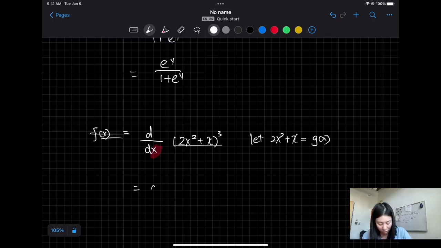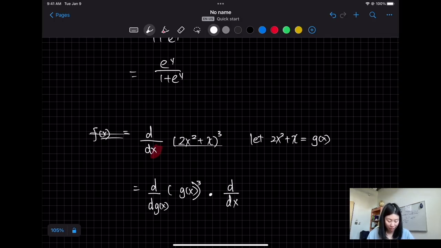So this is equal to g of x to the cubic power with respect to g of x, times the derivative of g of x with respect to x.